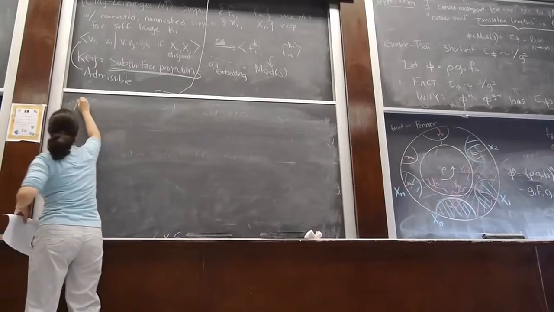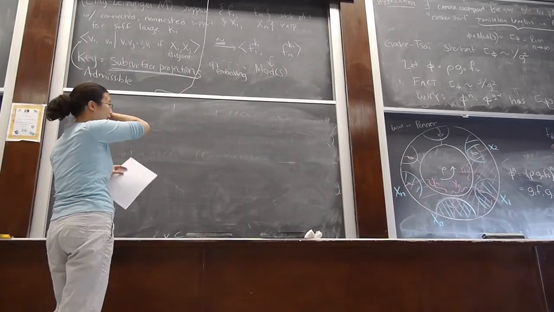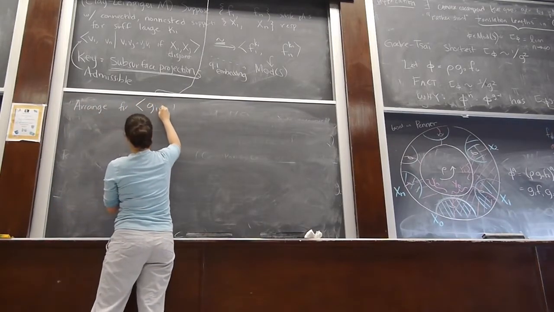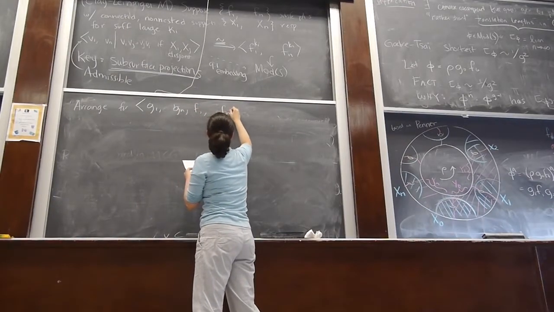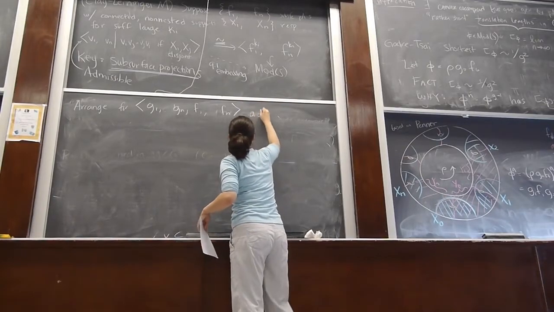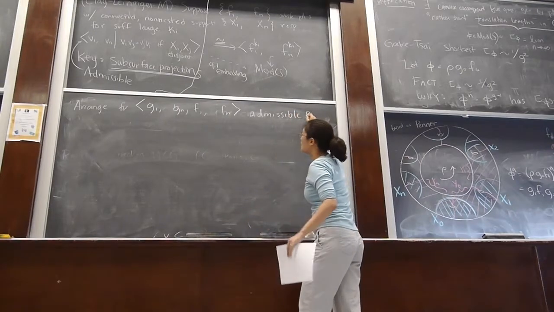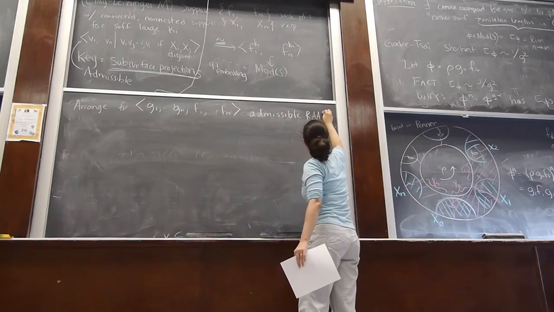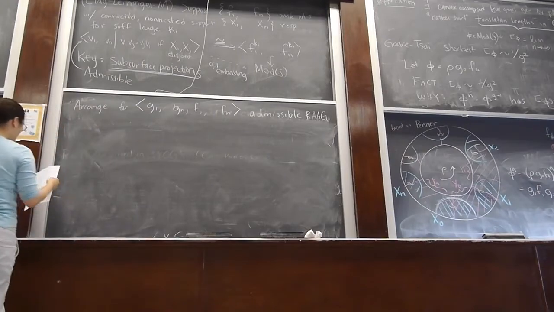So what you can do is, by possibly cranking up the powers on g naught and f naught, you can arrange for all of these to be an admissible embedded right-angled Artin group. So this is a subgroup of the mapping class group, and actually you can ensure that it's a right-angled Artin group coming from this construction, right?